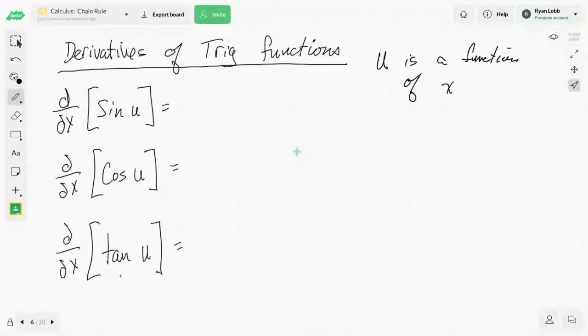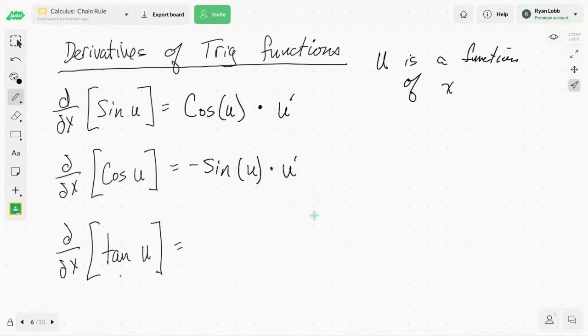All right, so what's the derivative of sine of u? The derivative of sine of u is going to be cosine of u, and then times u prime. Because the outer function is really the sine function, so the derivative of the sine function is cosine. Keep the inside function the same, u, and then times the derivative of the inside function u, which is u prime. Over here, the derivative of cosine of u is going to be negative sine of u times u prime.